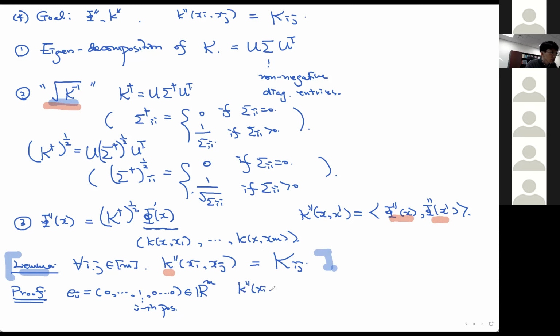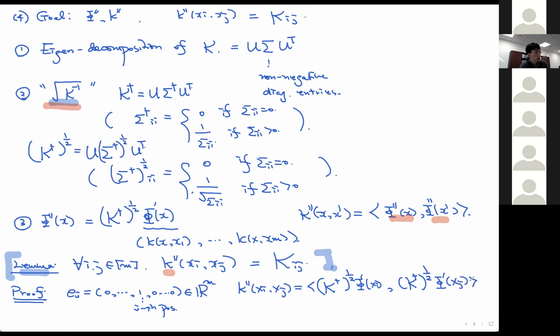Then if you now express this whole thing, k(x_i, x_j), you can express this as a matrix operation. So it's an inner product of K dagger v'(x_i) and K dagger v'(x_j).